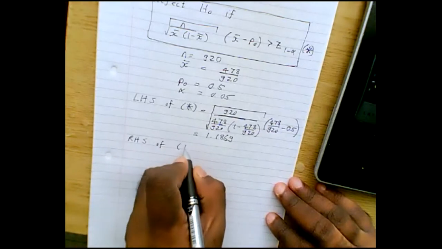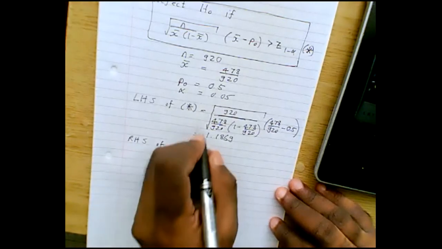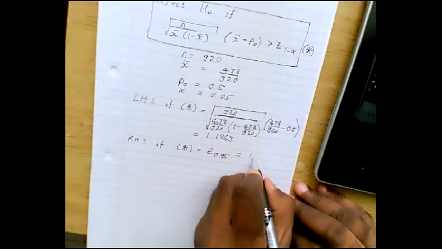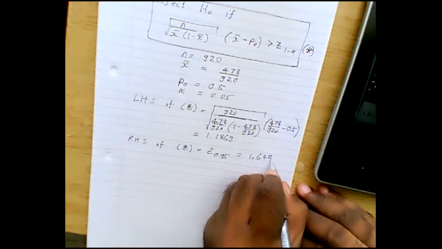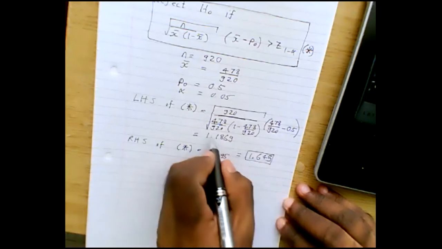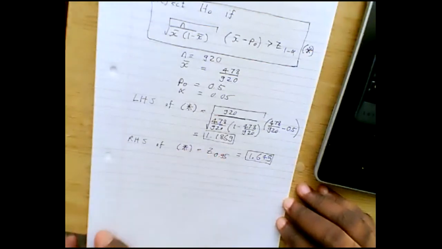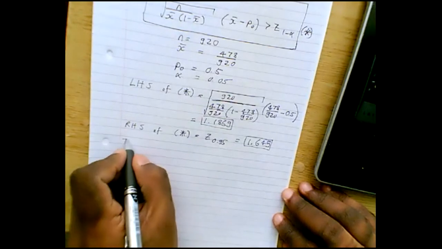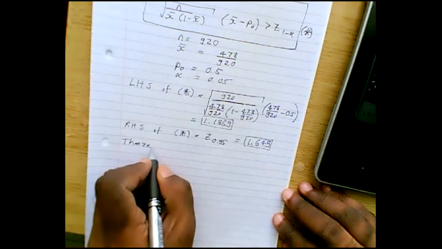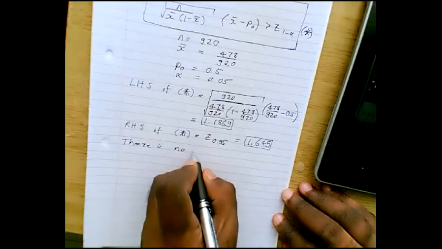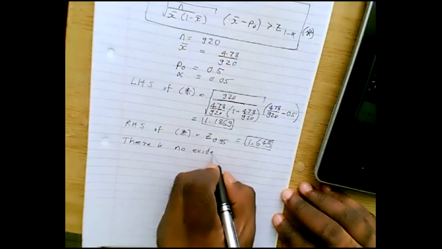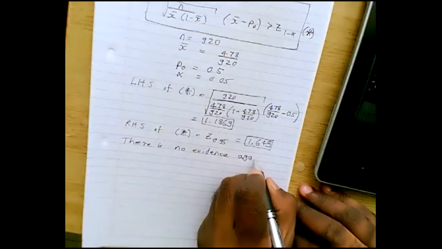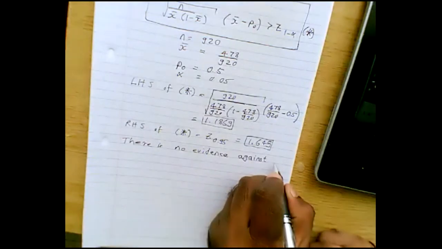And the right-hand side of star, with alpha 0.05, is 1.645. So this is the right-hand side, this is the left-hand side, okay? And clearly, this is not greater than this. So the conclusion is that there is no evidence against H0.